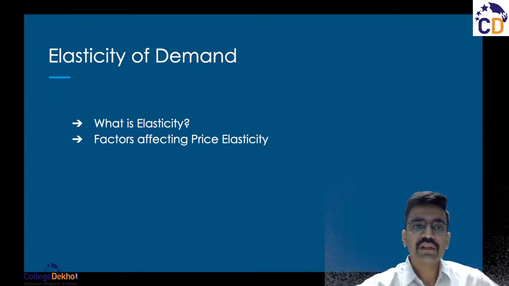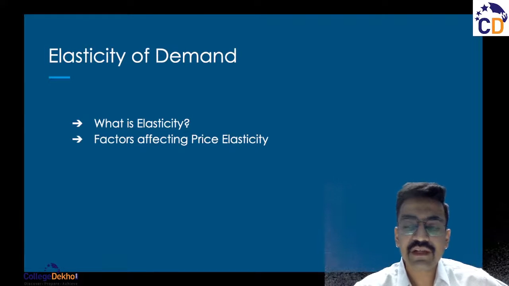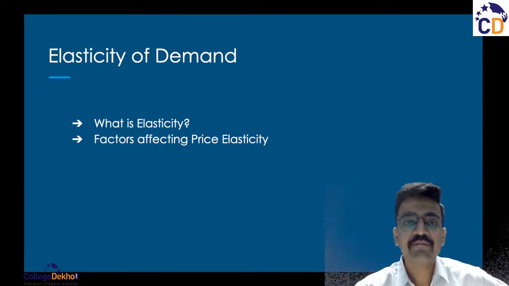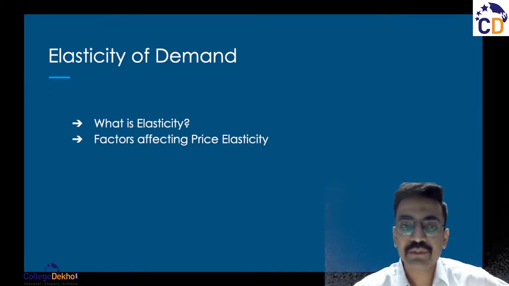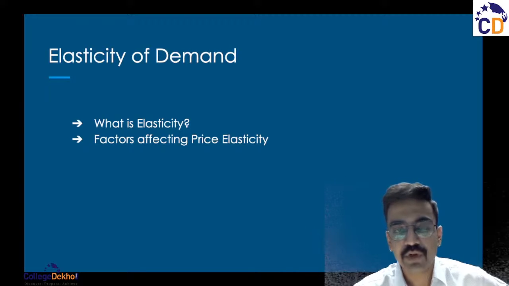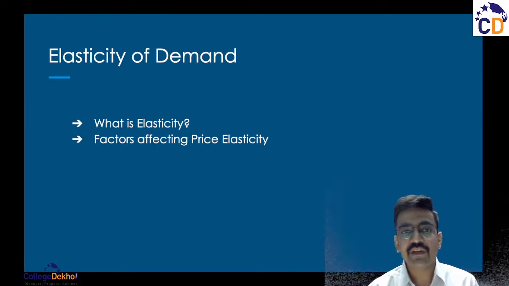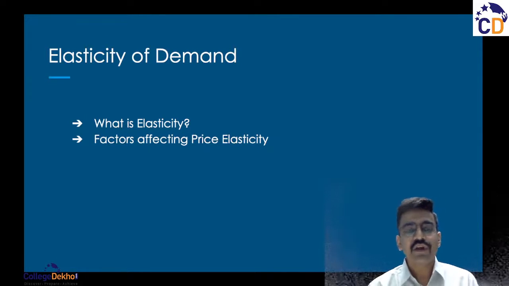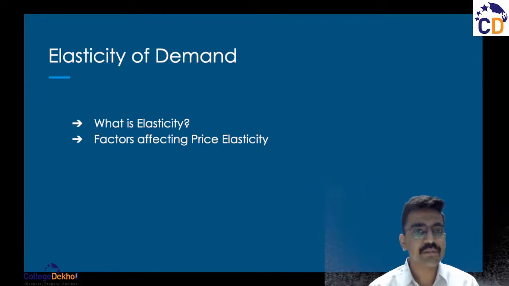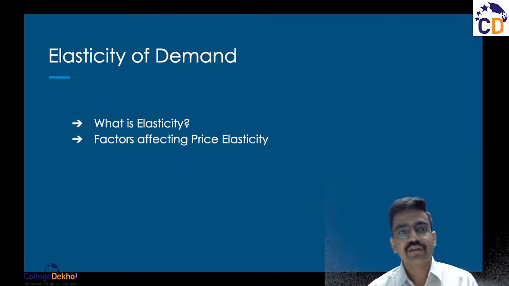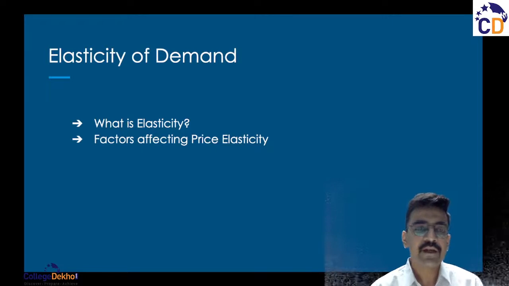Now, this price elasticity of demand calculates the percentage change in quantity demanded according to the percentage change in the price of the commodity, right? So whatever change is happening in the price of a commodity, and accordingly whatever percentage change is happening in the demand of that commodity, this price elasticity of demand calculates this ratio, right?